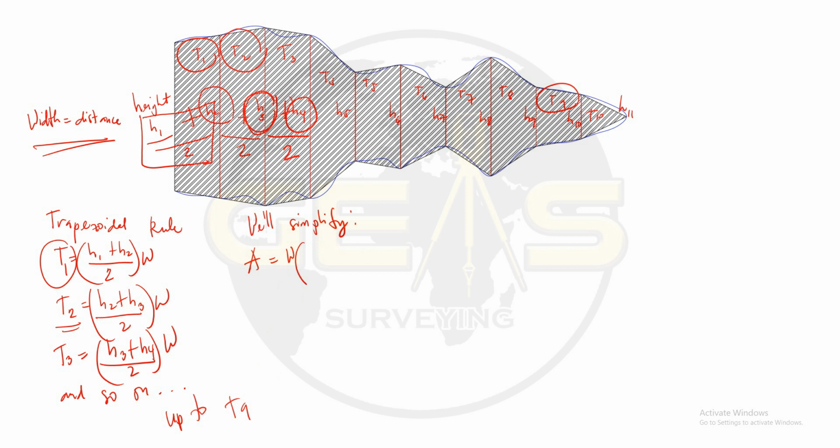Here you can see H sub 2, H sub 3, H sub 4, up to H sub 9 repeating. When we divide by 2, the value is still the same for H2 up to H9.